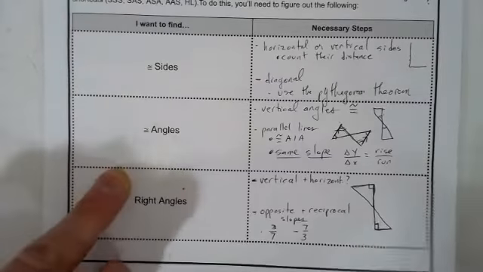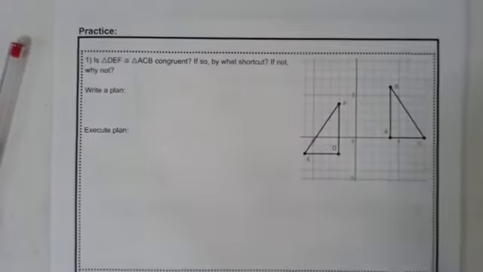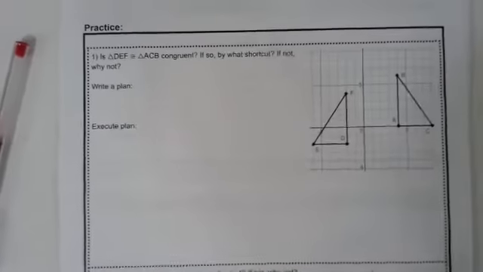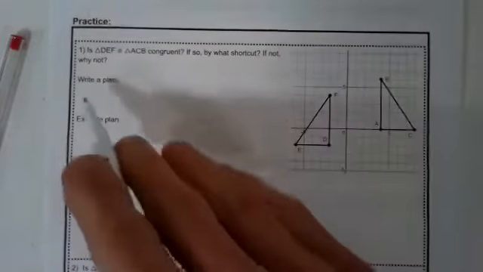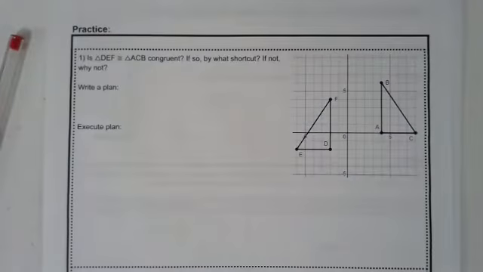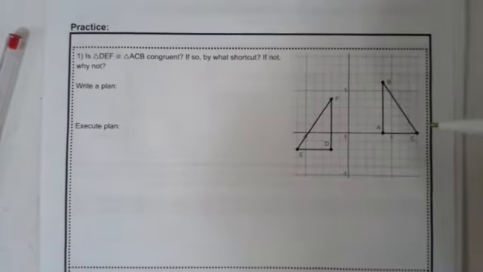Okay, let's jump into some practice problems here. So number one on the next page: is triangle DEF and ABC congruent? If so, what shortcut? If not, why not? Write a plan. Now the plan is going to be, what shortcut do you think these two triangles might be congruent by?